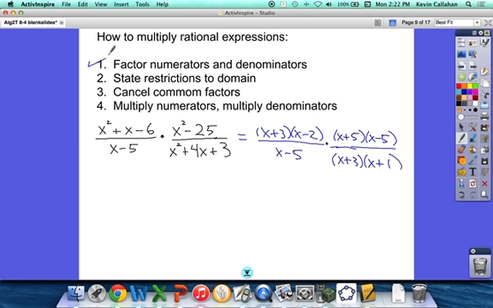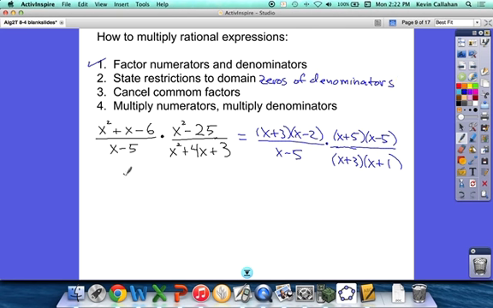Now because we have two fractions, you're going to have to look for the zeros of both denominators. Zeros of denominators. Plural.